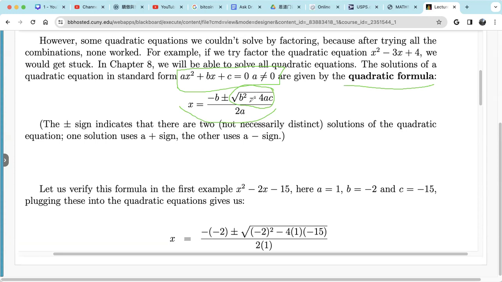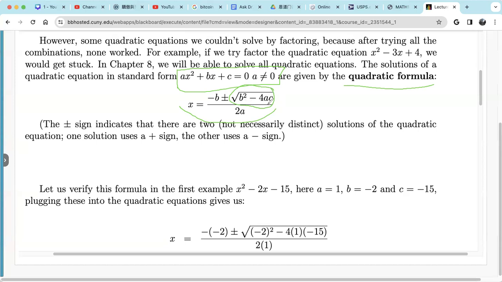In that case, we have two rational solutions. Or if it is not a perfect square, think about this as a 3, the square root of 3 is an irrational number.